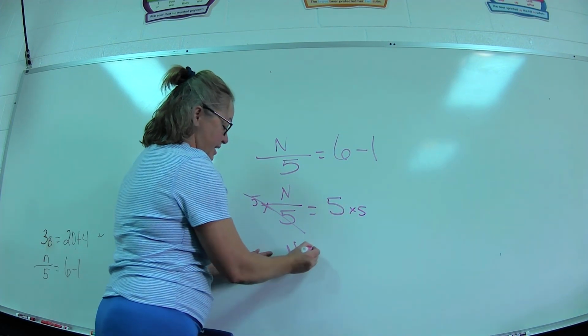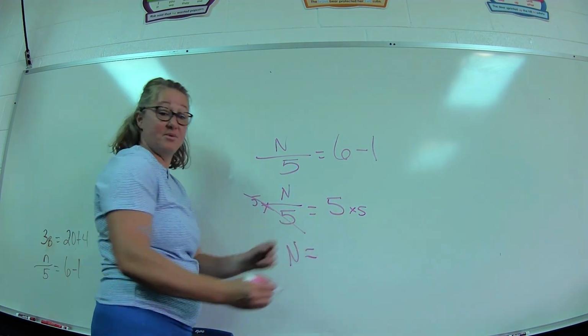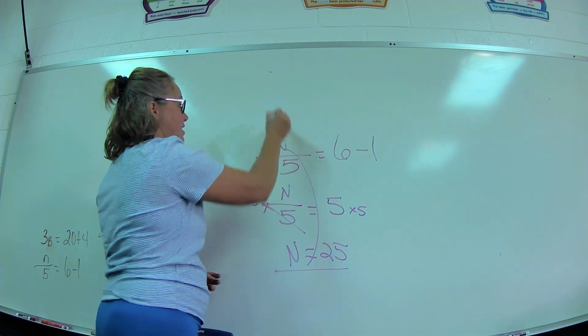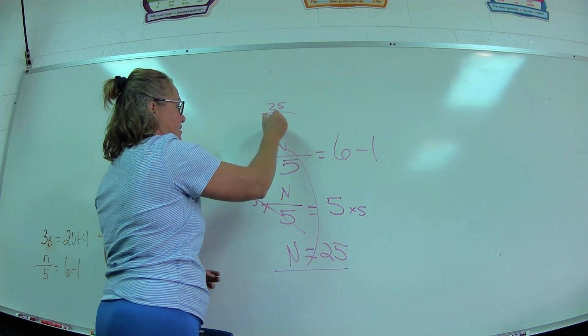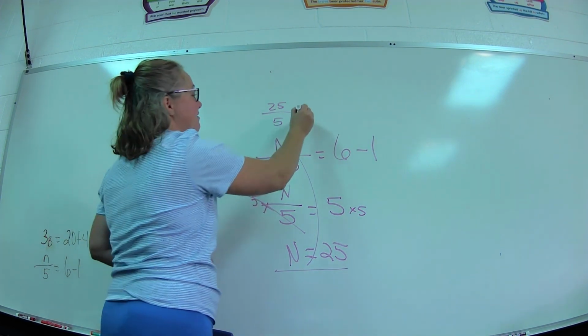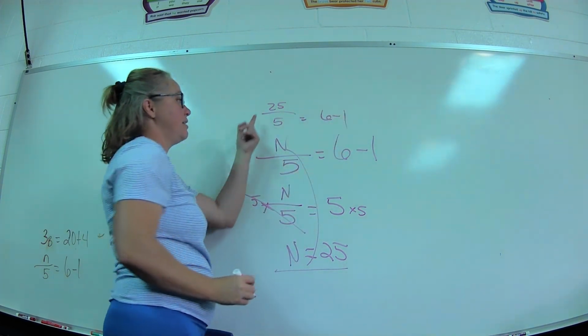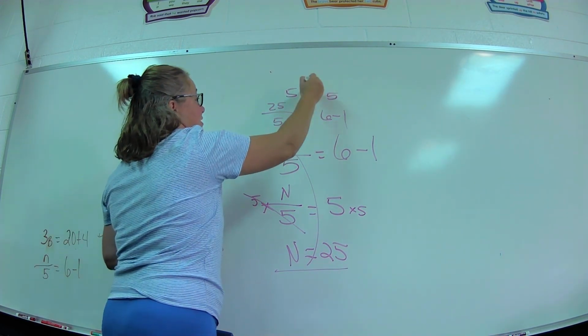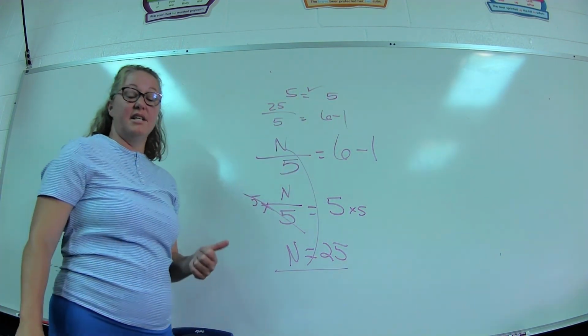And n is now by itself, my variable. And 5 times 5 is 25. Again, this goes right here. So 25 divided by 5 equals 6 minus 1. What's 25 divided by 5? 5 equals 5. Excellent job today.